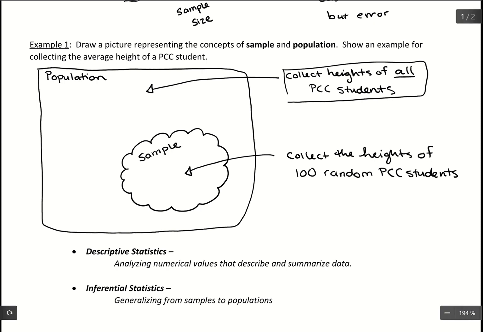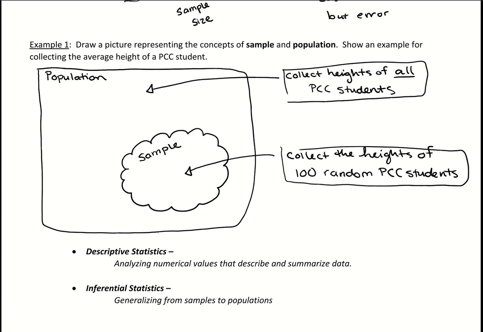Especially with this online class, we have students coming from all across the United States, even abroad. So this would be very, very difficult to do. Whereas if I said, collect the heights of 100 random PCC students, that's a little easier. You might be able to do that just through email. So that gets at the ease of collecting population versus sample data.